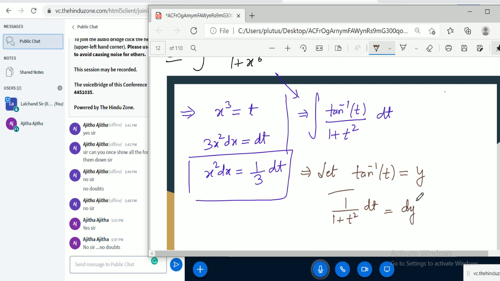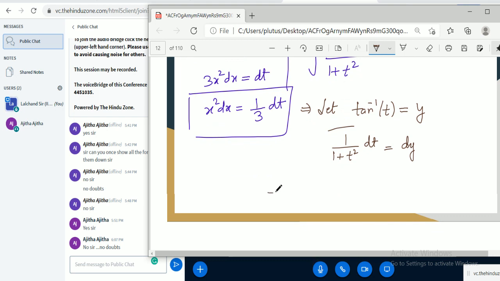So if we substitute this, this equation will finally be transformed to y into dy. So what is the integral of this? Y square by 2 plus c.